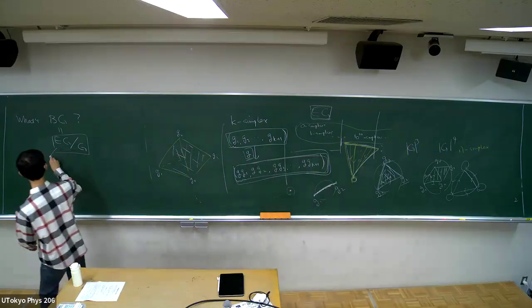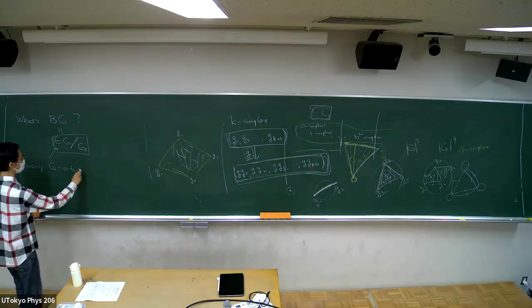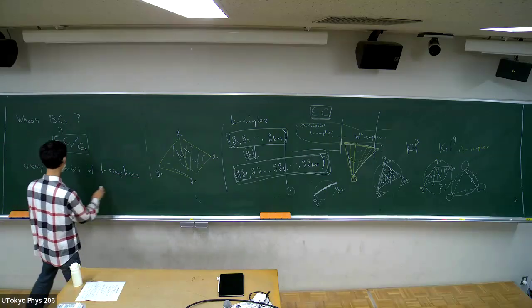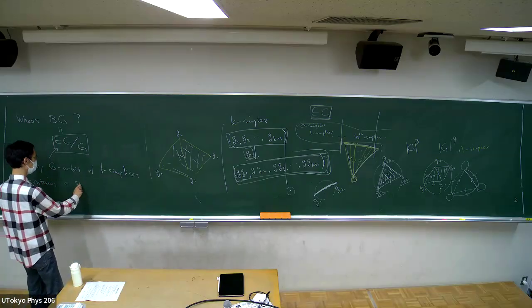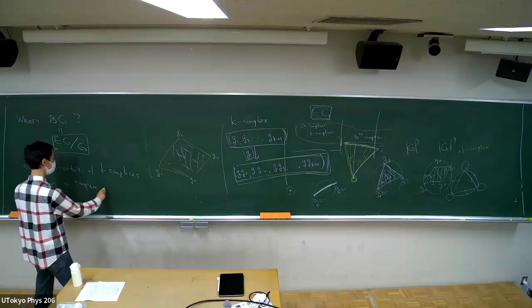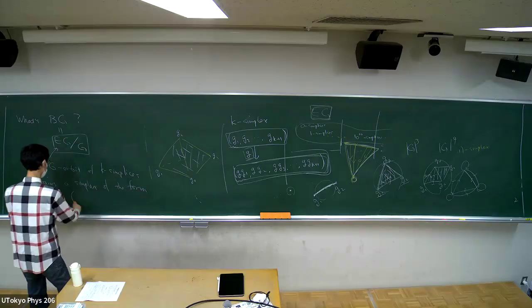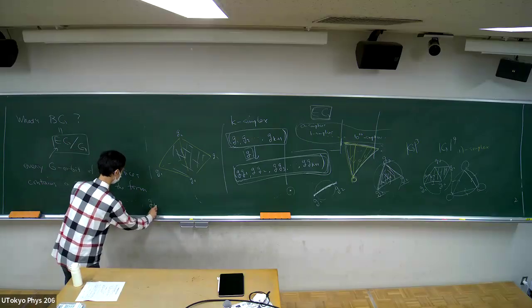So for every G orbit of K simplices contains a simplex of a form E, G1, G2, ..., GK.